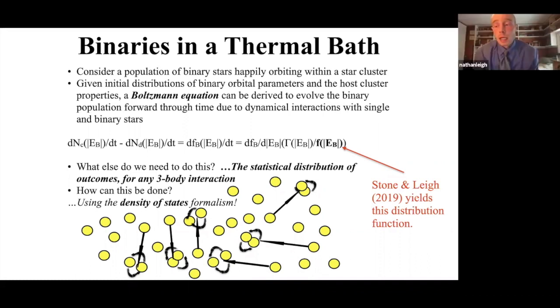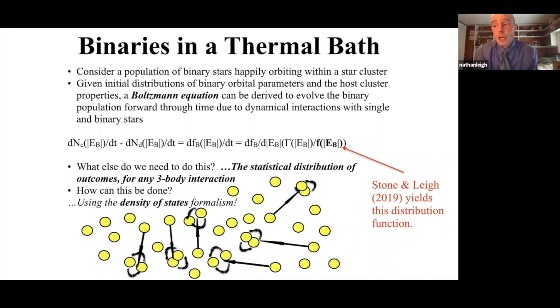Well, to calculate this, we can derive a Boltzmann or diffusion equation to evolve a population of binary star systems forward through time due to single binary scatterings in dense stellar environments. We'll consider a population of binaries all orbiting within a star cluster.